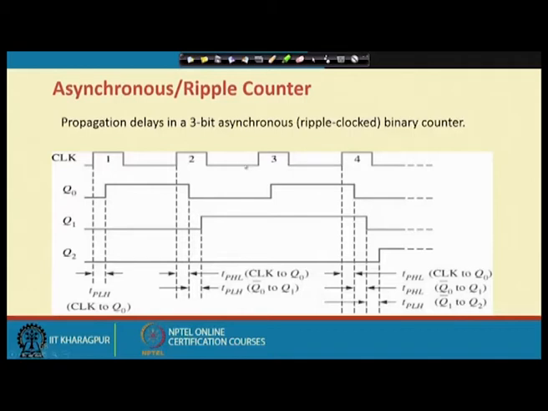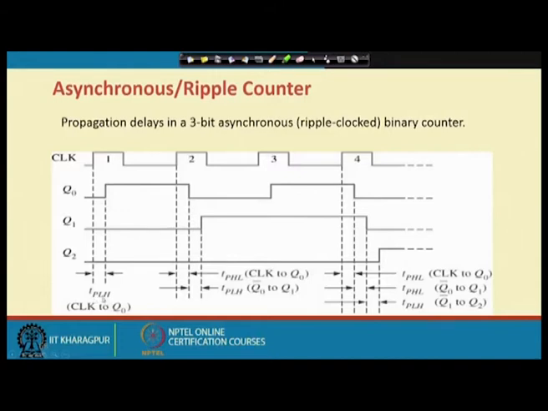As per the behavior that we have, if we connect this clock to the first flip flop, then due to the delay of the first flip flop, where initially the value was 0, it will become 1 after some time, and that time is given by this TPLH.